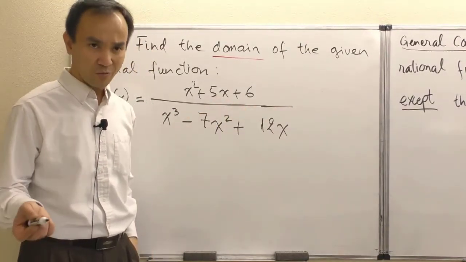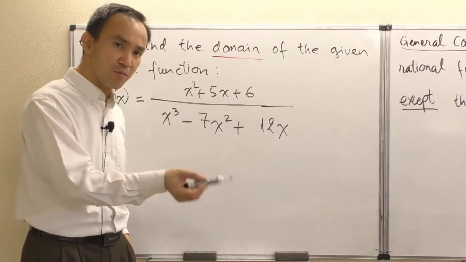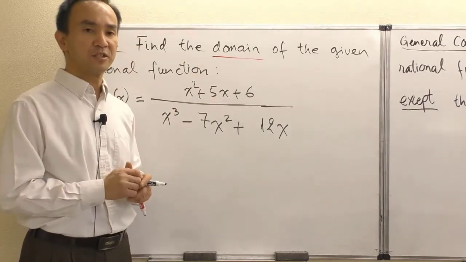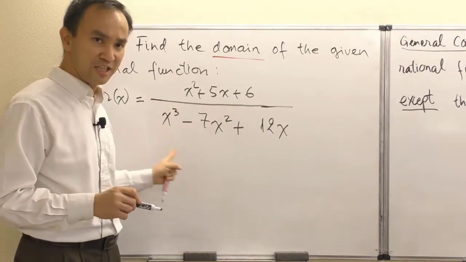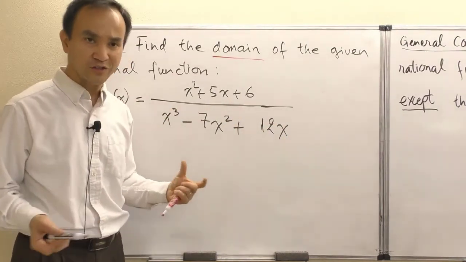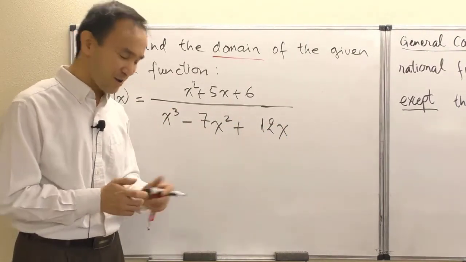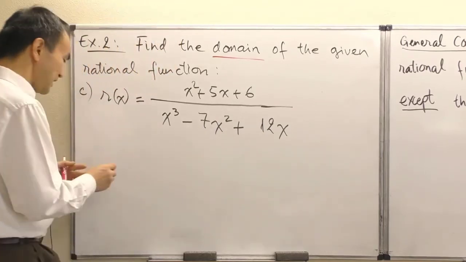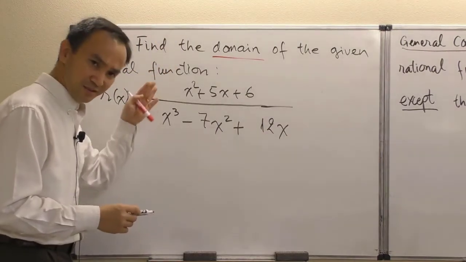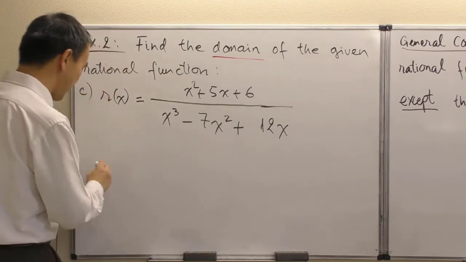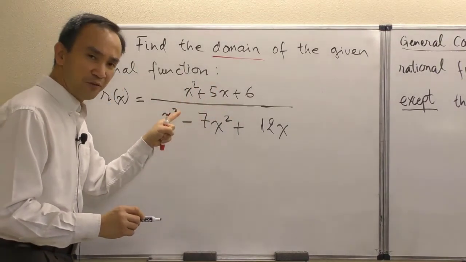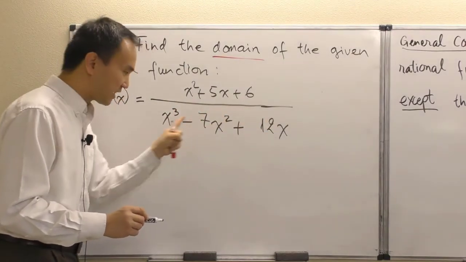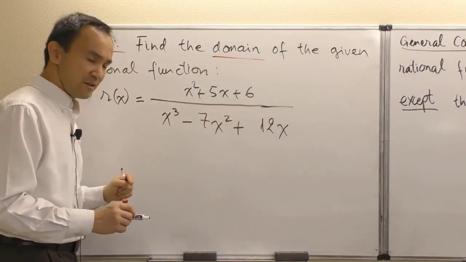That's why we need to find the domain of this function, because there will be values that cause the denominator to equal 0, and we call those the zeros of our denominator. Before I start tackling the domain, I highly recommend rewriting our rational function by factoring the denominator.